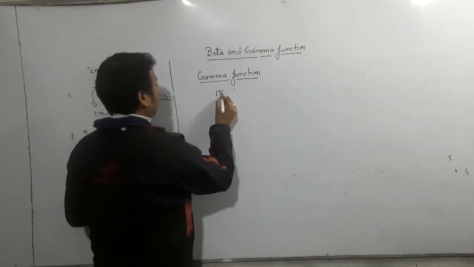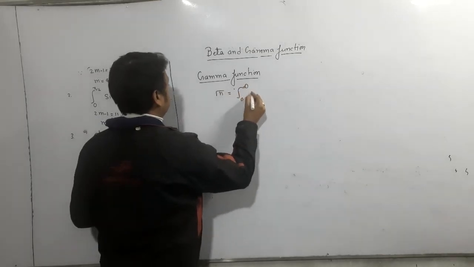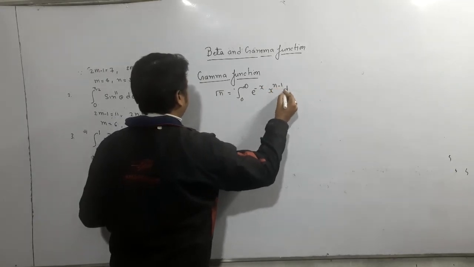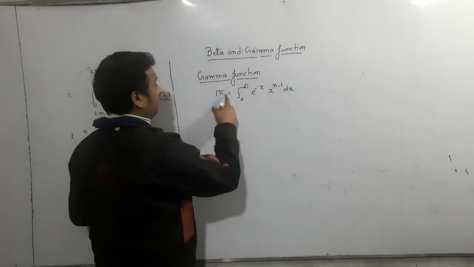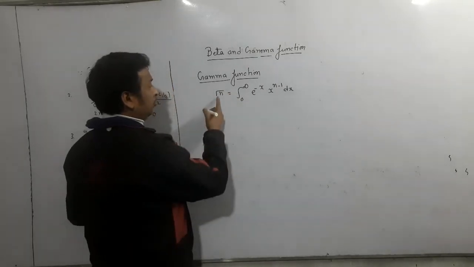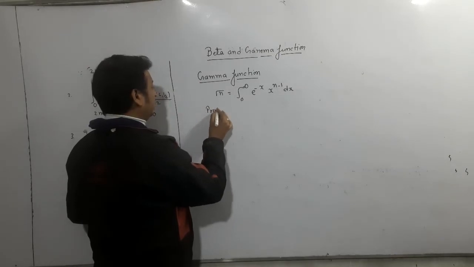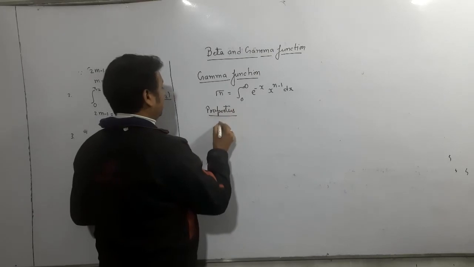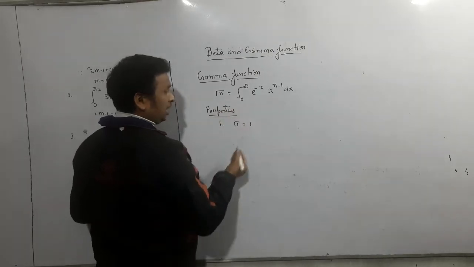Gamma function is denoted by gamma n, and its value is the integral from 0 to infinity of e to the power minus x, x to the power n minus 1 dx. This type of integral is known as gamma function and denoted by gamma n. Now its properties are very important. First property, gamma 1 value is 1. It looks like factorial type.